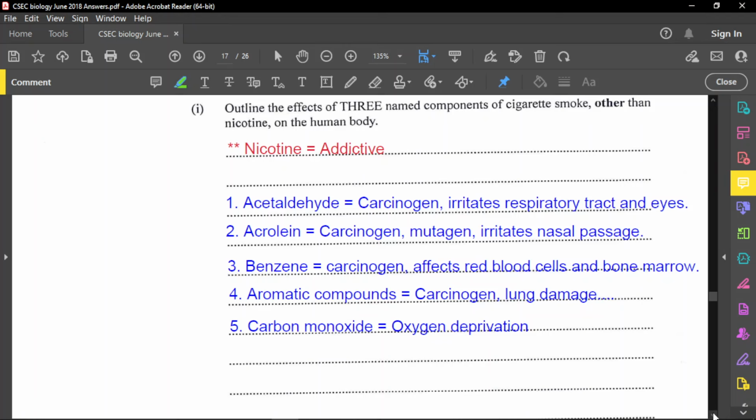Then you lose consciousness, and you may eventually die. So those are the general things. And of course, you may also have carbon that forms tar. I should list that one because the carbon compounds will form tar in the alveoli and decrease the effectiveness of the alveoli as well.